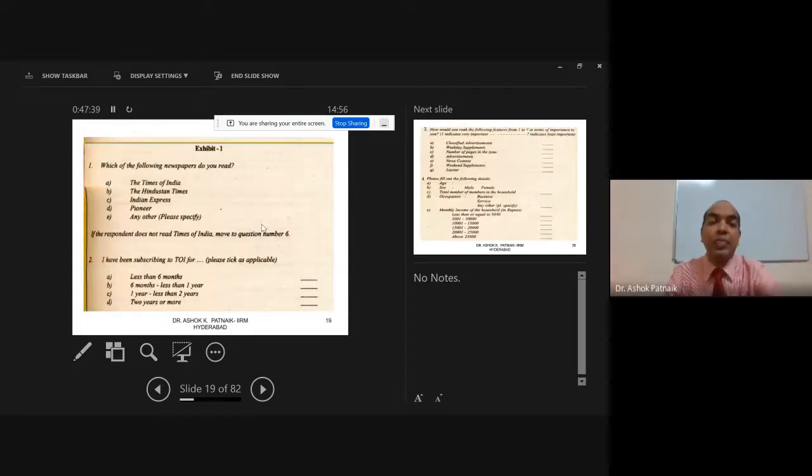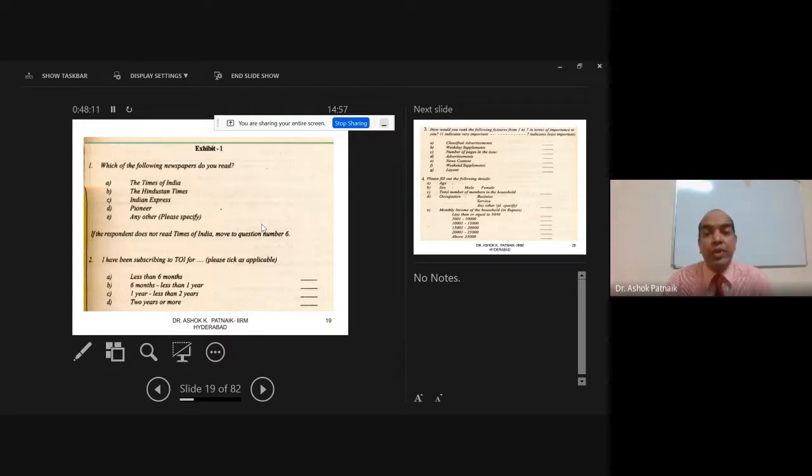I give you some examples here. You can see some questions here, like which newspaper you read. Somebody asked the respondent, and he has been given some options: the Times of India, the Hindustan Times, the Indian Express, the Pioneer, or any other. Here, if you try to enter all the newspaper names without coding, it will be very lengthy, and it will be very difficult to summarize what is happening, who is reading what.